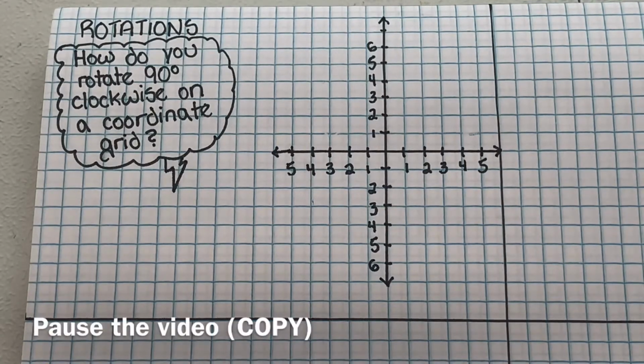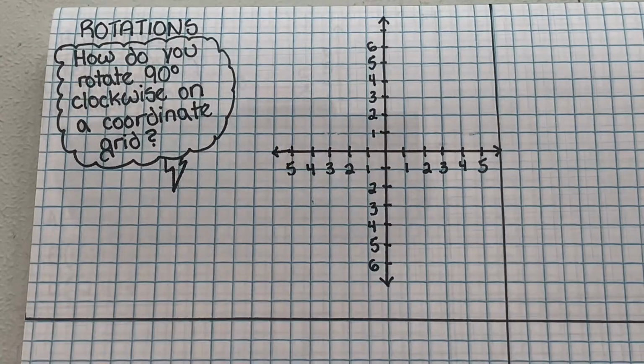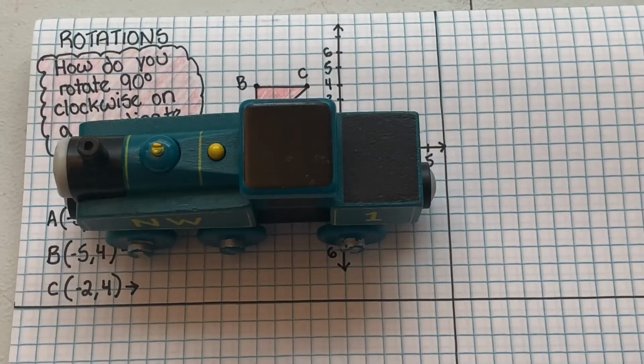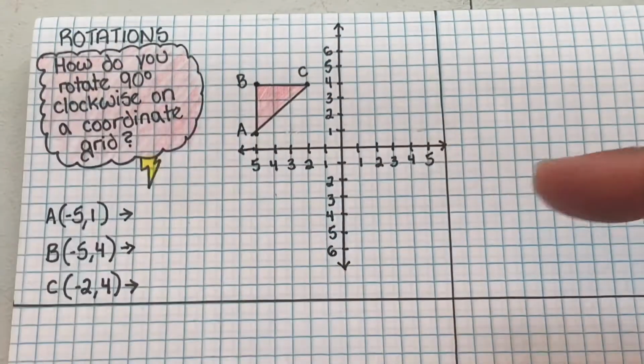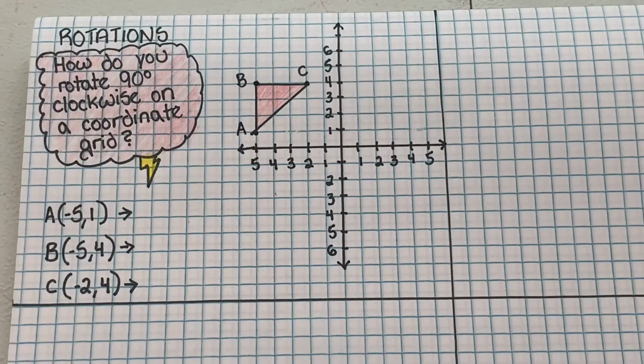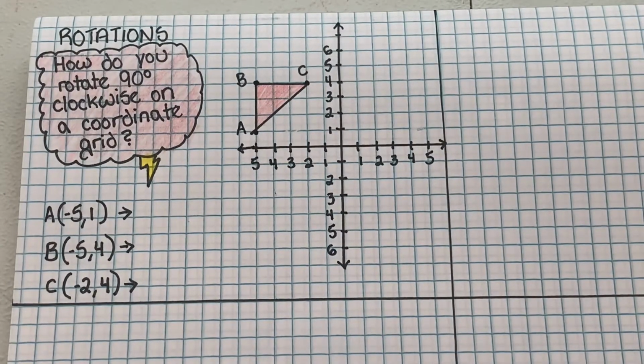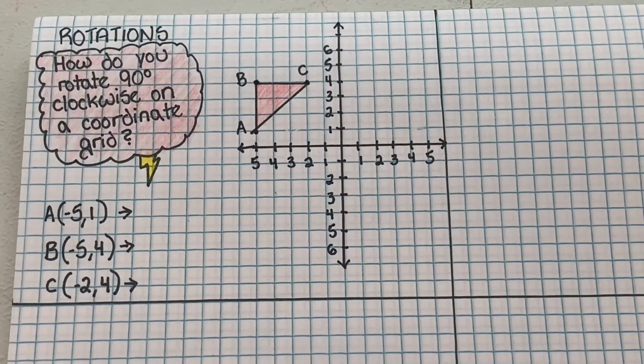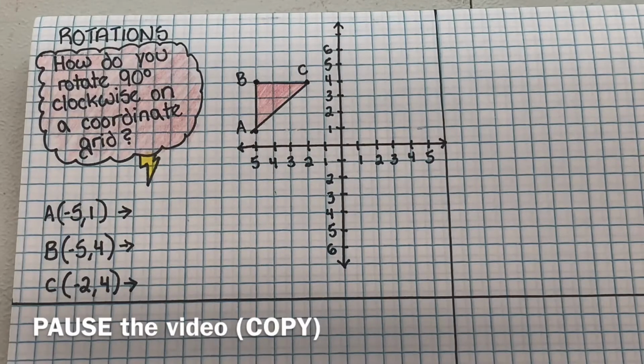So pause the video now and copy this in quadrant number 2. I went ahead and put a shape in. I want you to pause the video and copy the shape and the points neatly.